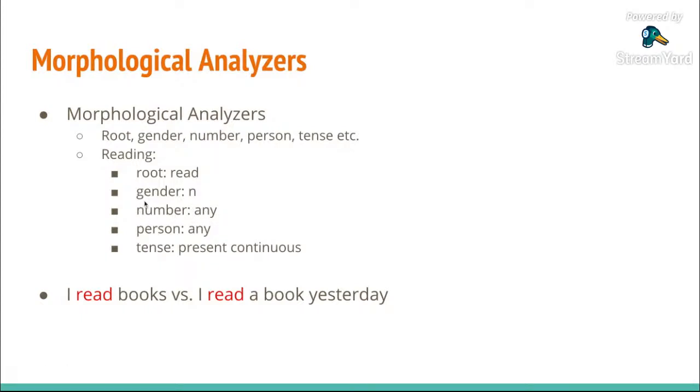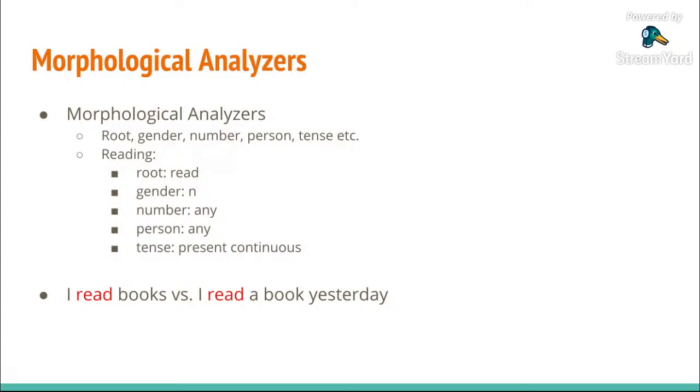Number can be anything here because it can be used for both singular and plural. I am reading a book, he is reading a book, they are reading a book. Based on the number, the word doesn't change. Similarly, for first person, second person, third person, we can use the same word. The auxiliary verb like am, is, are changes, but the main verb reading doesn't change. And the tense is present continuous here.